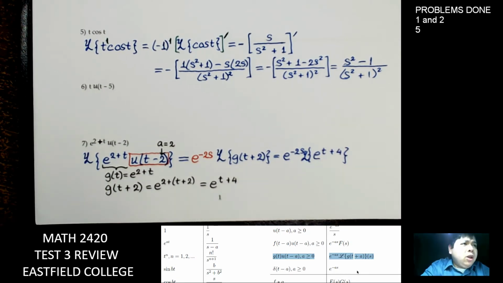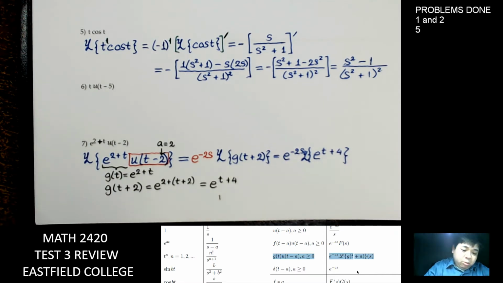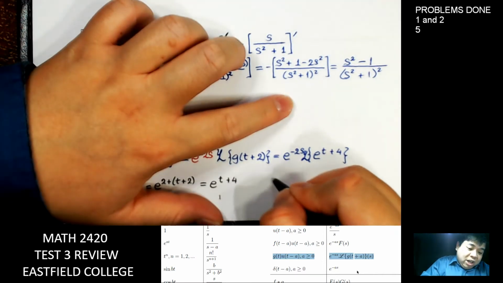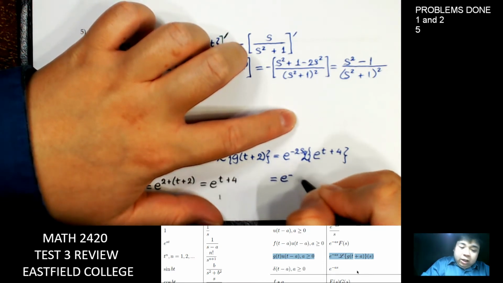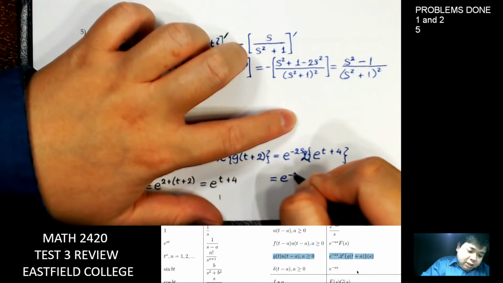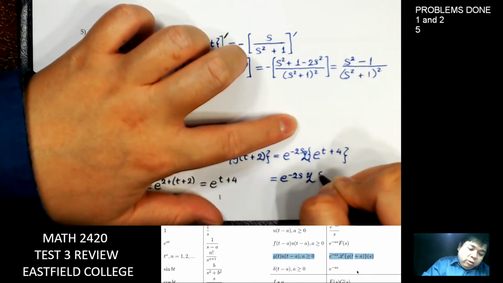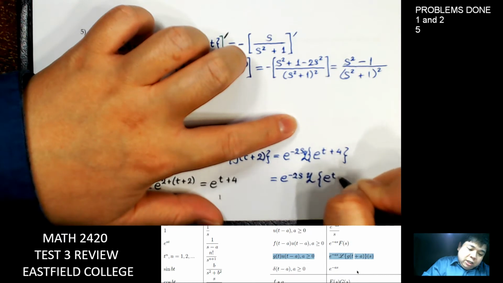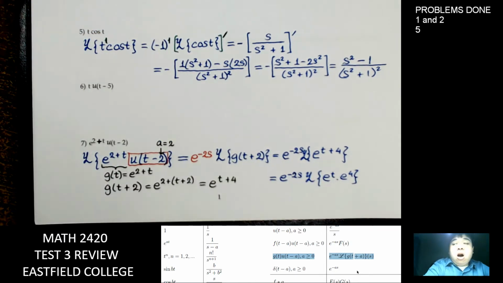Notice that we don't see the t plus 4 in the table transformation, but we can simply do e to the negative 2s times the Laplace transform of e to the t times e to the 4, where e to the 4 is just a constant. Now we can take it outside.